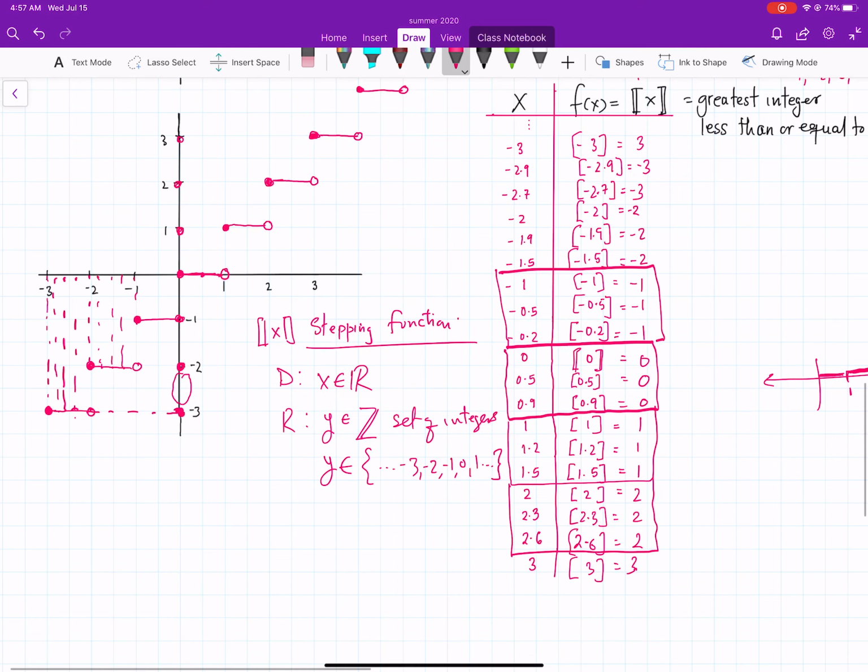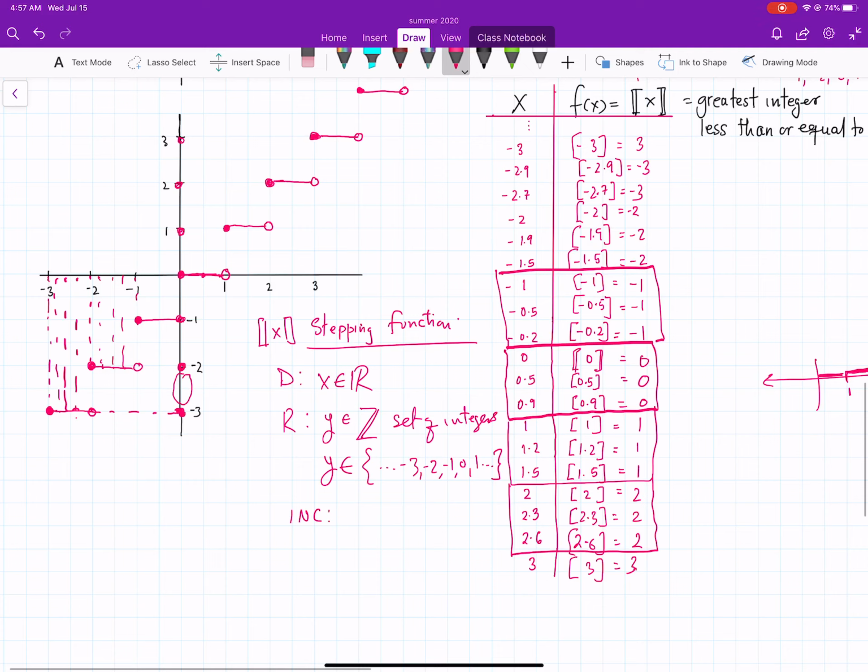It's kind of tough to see, but you are increasing. Or for every x value, you can see that the y value starts off with -3, -2, -1, like that. So it's increasing from -infinity to +infinity. You start off with 3, and then it goes to 4, goes to 5. So it's an increasing function.